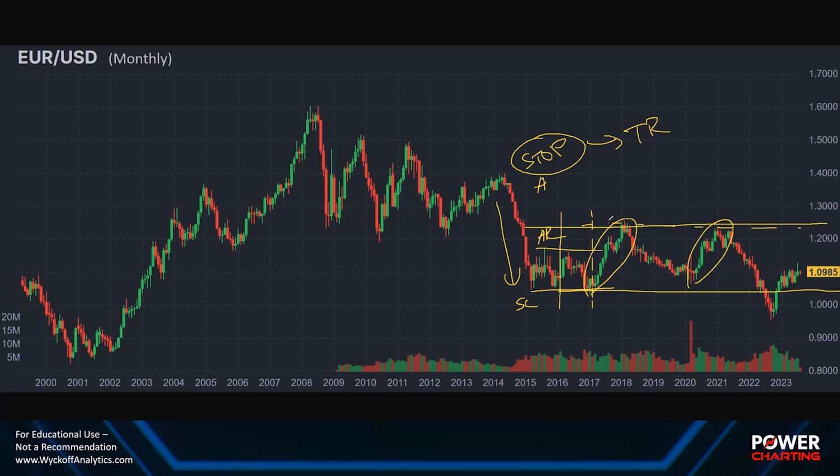When you compare this rally to this reaction, you could see on the reaction maybe an initial push down, but then after that, the selling shows diminishing supply and also diminishing result in the spread, and then the shortening of the thrust going into the higher low.